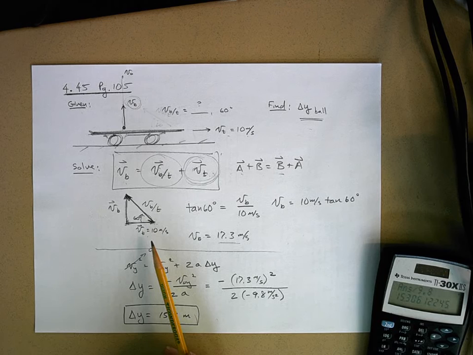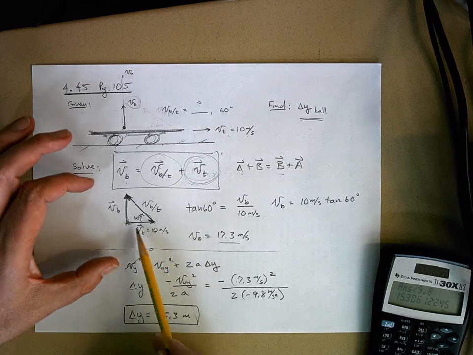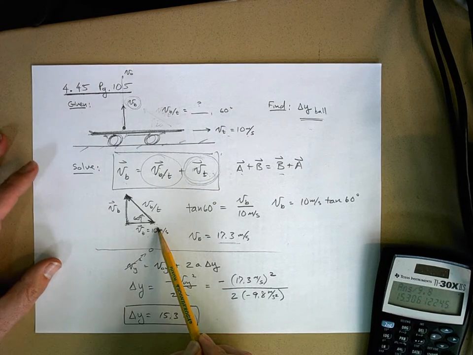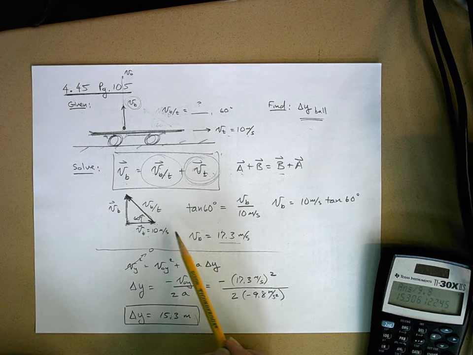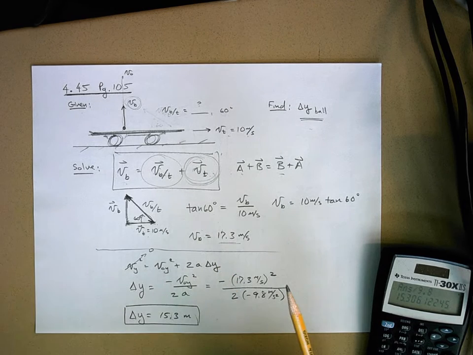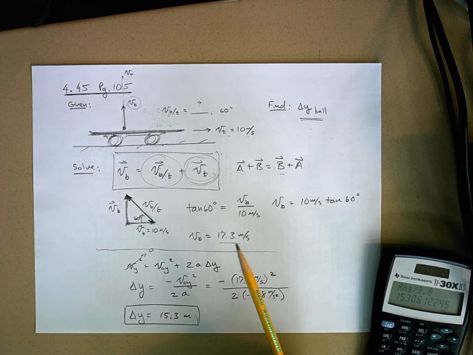And once you have the triangle, you can figure it out. The fact that this turned out to be a right triangle allows me to just use the trig functions. If it's not a right triangle, it's a little bit more of a pain, but you can still solve it by using unit vectors and that sort of thing.